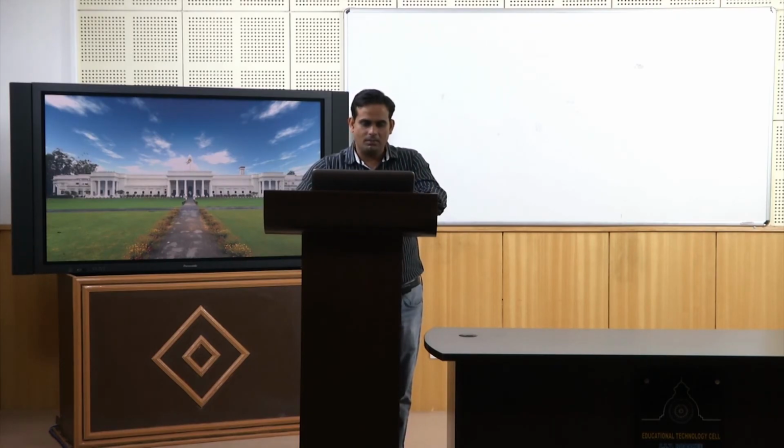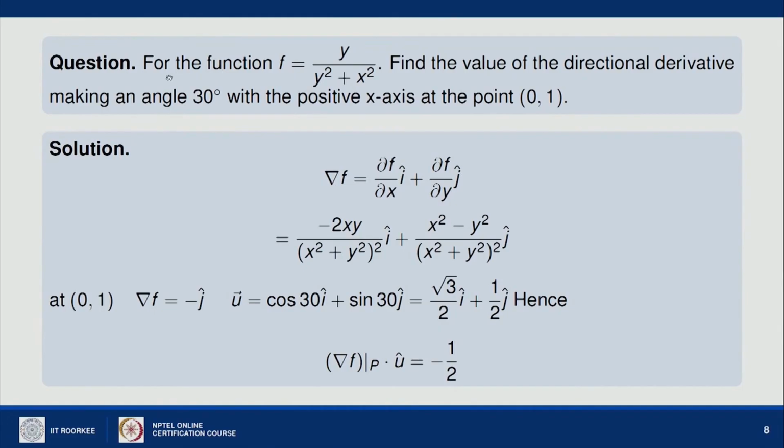This is another example. Find the value of the directional derivative of this function making an angle 30 degrees with the positive x axis at the point (0, 1). Again, I will calculate del f, which is given by this. At point (0, 1), del f comes out to be minus j.